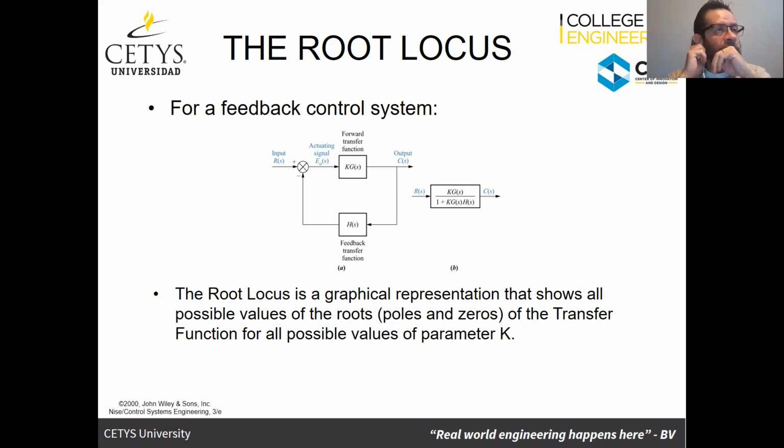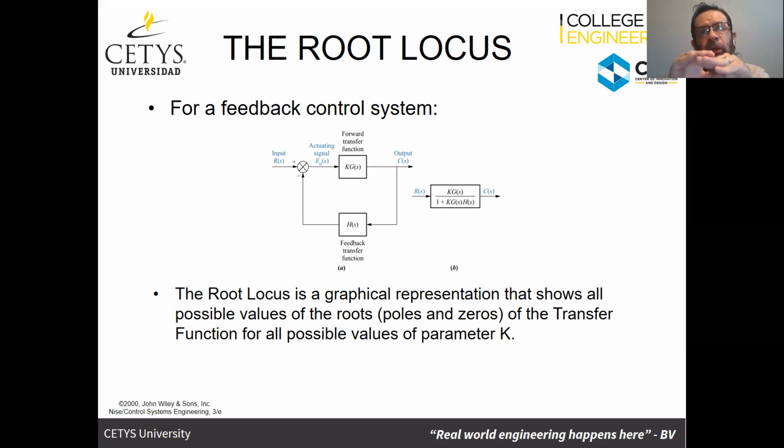We've seen that if any of the roots are on the right-hand side, meaning that they have a positive real value, then the system is going to be unstable. We know that if any pair of roots have an imaginary component, that has to do with the damping ratio and the overshoot.